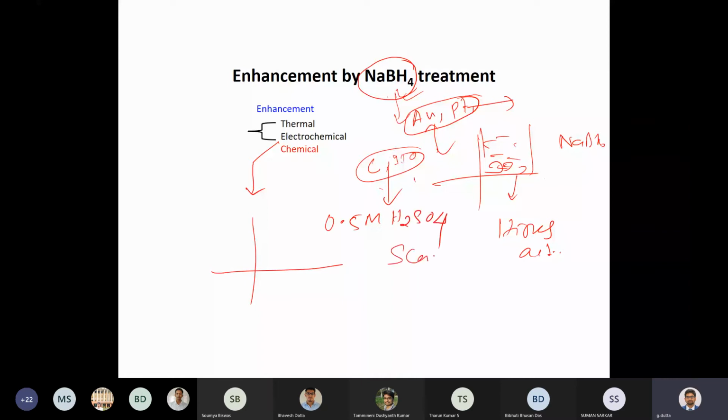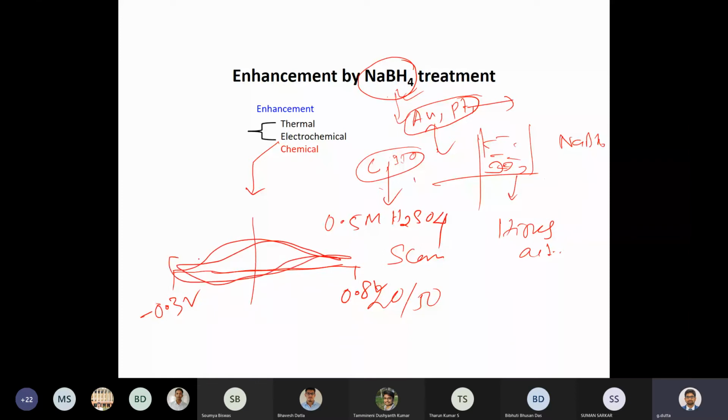You have to scan repeatedly, 20 to 50 times, within a potential window. The potential window means like minus 0.3 volt to around 0.8 or 0.9. You can choose some potential, then within this potential window you just scan it, 1, 2, 3, 4, like this.